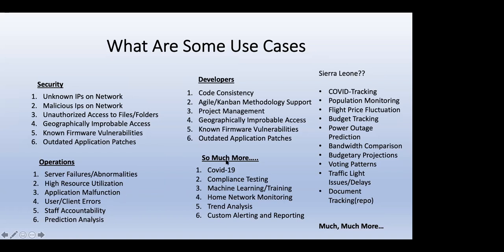It's a lot. From a developer's perspective, you can look at code consistency across different systems to make sure it's being deployed accurately. And whether you're using Agile, you can look at the pushes that have been done if you're using SVN or something like that, which we'll talk about.